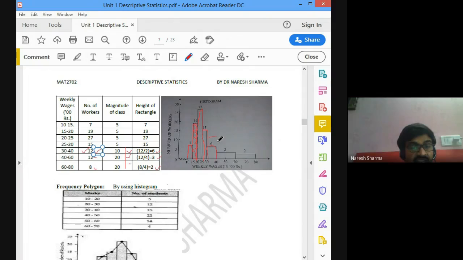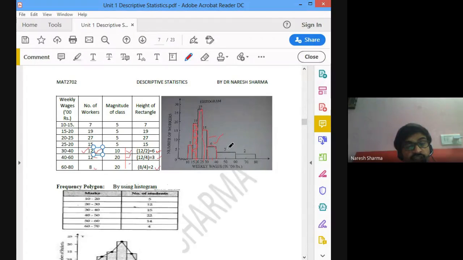So that's why we decrease the height of 12 to the height of 6, so that it divides into 2 categories, 30 to 35 and 35 to 40, so that the proportionate area covered by this class interval is the same. So we choose the height 6 instead of 12.